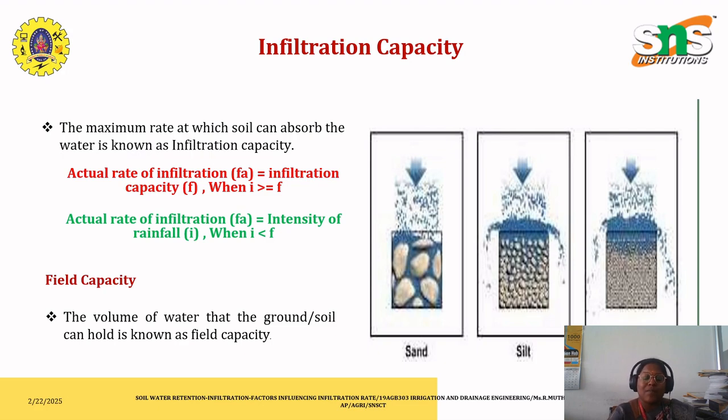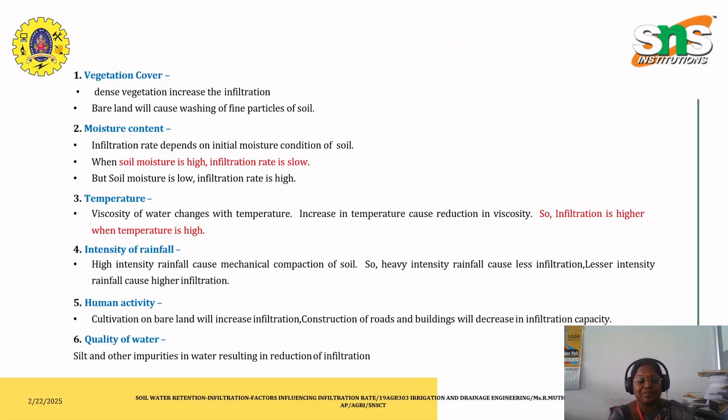So obviously the water gets infiltrated inside the sand and reaches the groundwater table at a very high rate. But considering silt, as the pores available are much fewer, the precipitated water will flow off and only a minimal amount of water will get infiltrated. And in the third case, clay, the pores available are very minor, so the amount of infiltrated water will be very small compared to sand and silt.